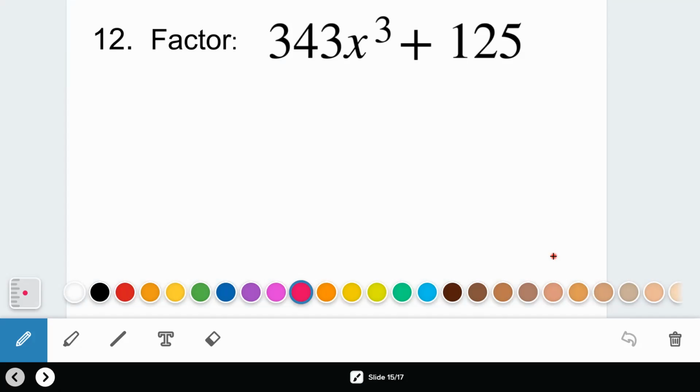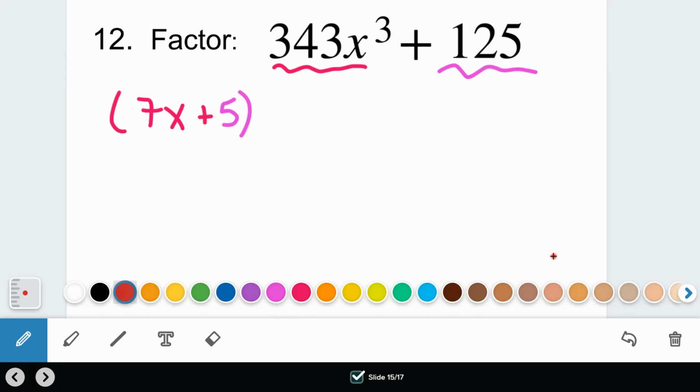This one, what I'm going to do is take the cube root of this, which is 7x, plus I'm going to take the cube root of this, which is 5. Then I'm going to take this and square it, which is 49x squared. And I'm going to change the sign. Since this is a plus, this is going to be a minus.